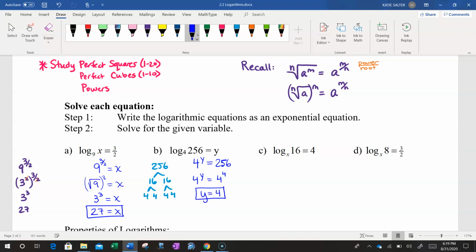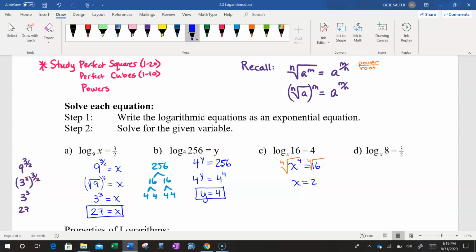All right, looking at the third one, our base is x, our exponent is 4, our answer is 16. So we would take the 4th root of each side, or raise each side to the 1/4 power, to get x by itself, and we get that x is equal to 2, because 2 to the 4th power is 16, therefore the 4th root of 16 is 2.